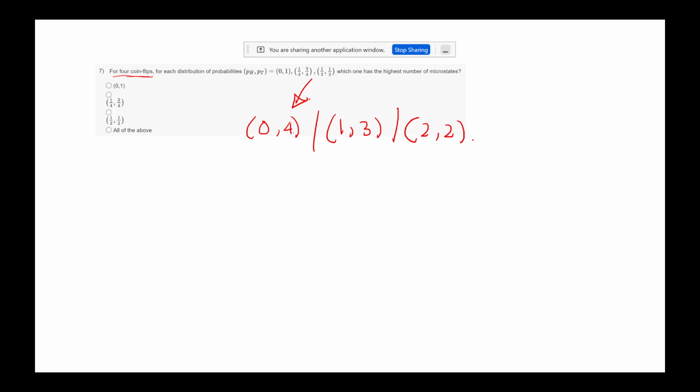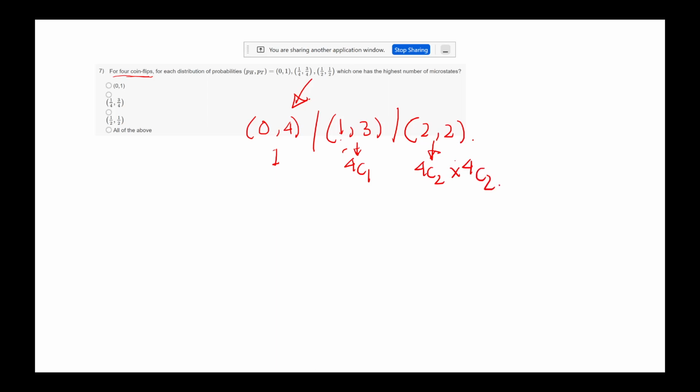Number of heads 4, that can happen only once. How can it happen? It can happen at the first, or the second time, or the third time, or the fourth time. This is 4C1, and this will be 4C2.